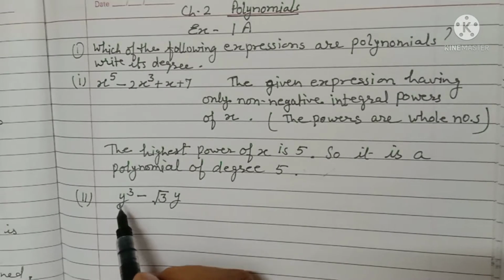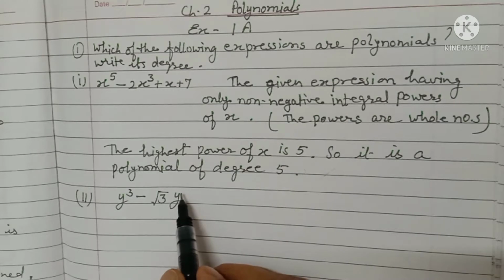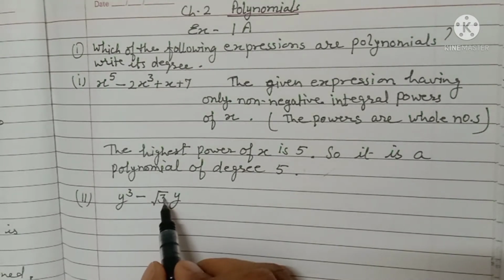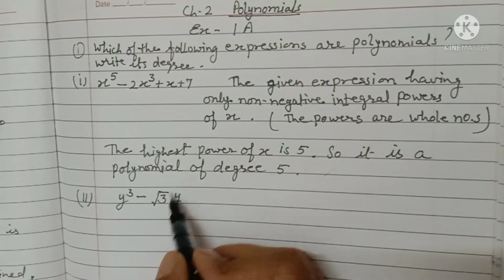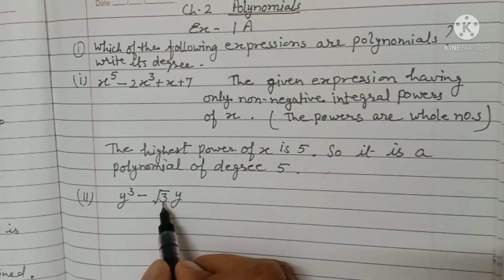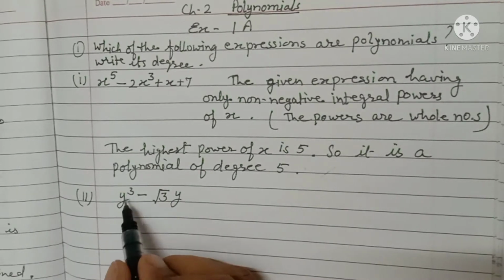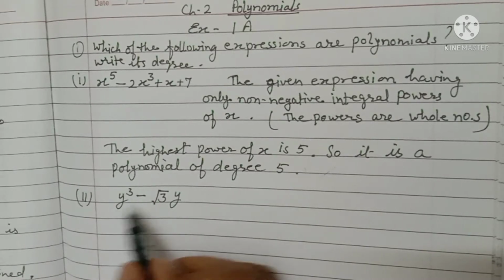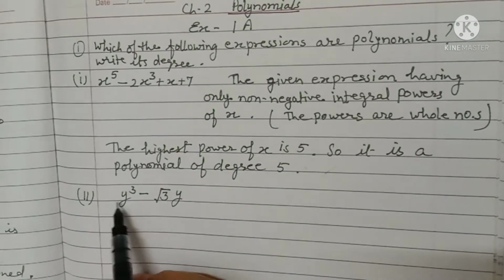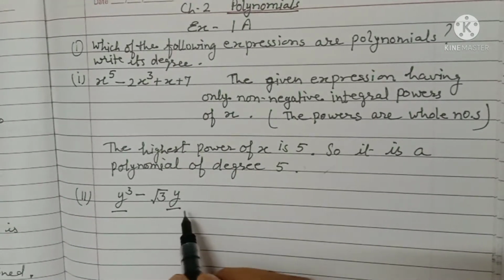Here you see the variable has power 3 and power 1, and the root 3 is a constant coefficient. We only consider the powers of variables, not the constants. Constants are real numbers. So for a polynomial you look at the powers of variables.